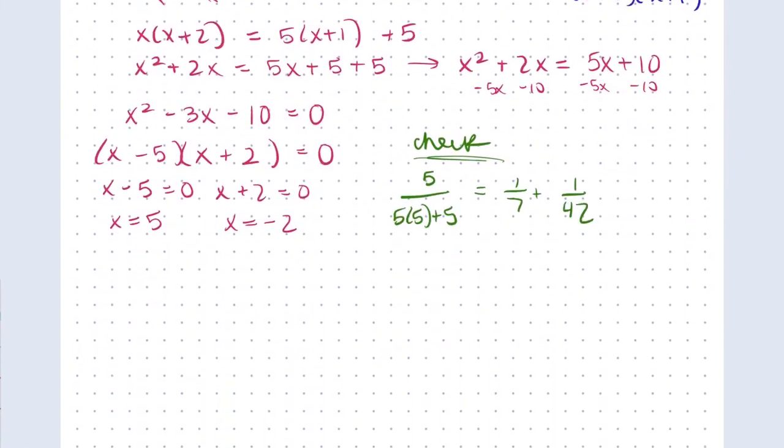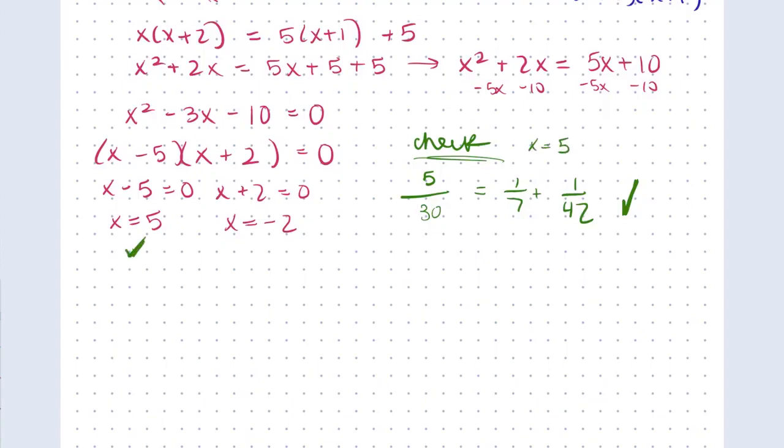And this is where I would suggest that you just type into your calculator, okay, this side is 5 over 30. So now I'll see, is 1/7 plus 1 over 42, is that the same decimal? That's enough work. You don't have to do all this adding fractions by hand because you have a calculator. I just need to see that you know what you're doing, or you know why you're doing it. Okay, so x equals 5 checks out.